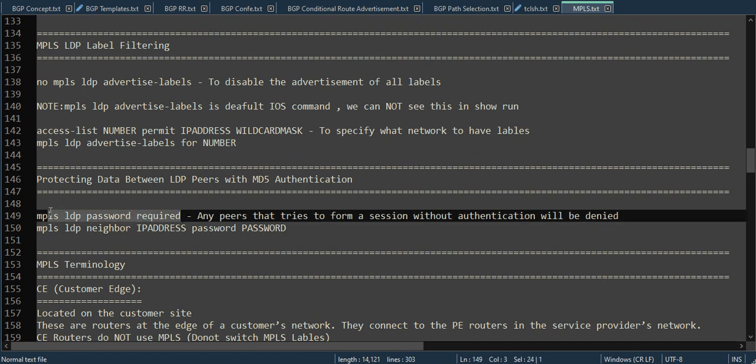And first I have to configure this. This means it has to form adjacency, and any peer without authentication will be denied. First I have to specify this command, then specify the MPLS LDP neighbor.